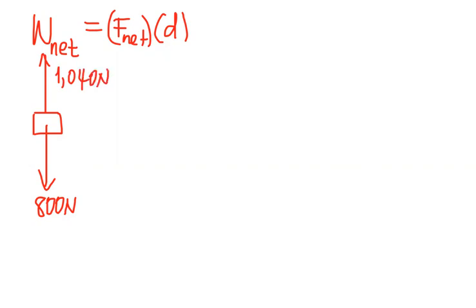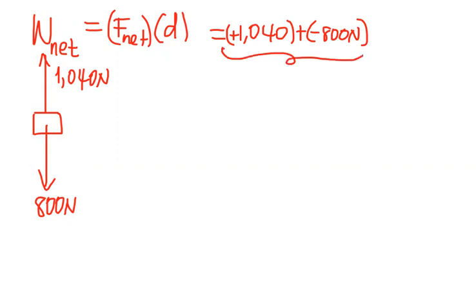So basically the net force will be 1040 newtons acting upward, so it has a positive sign, plus negative 800 because that's acting downward, in brackets. You are multiplying the net force by the distance.